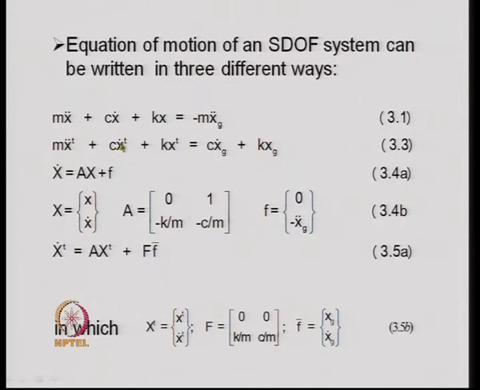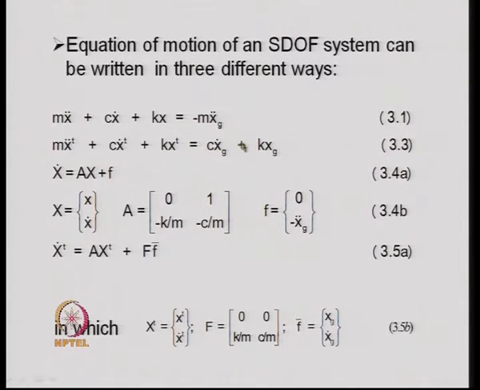Similarly, here it turns out to be x dot t, and since we have added k x g and c x dot g on the left hand side, we put them also on the right hand side. Thus, the equation of motion now becomes in the form of total displacement. And if we solve this equation, we will get the total displacement of the mass rather than the relative displacement.